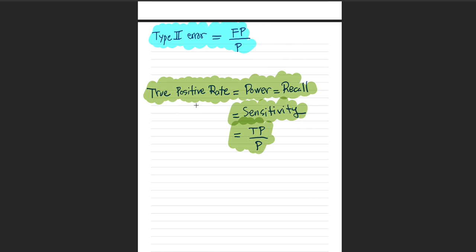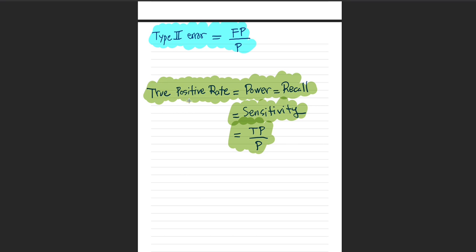And then we have true positive rate, which is also known as power or recall or sensitivity, which is the true number of positives, which means that among those that were predicted positive, how many of them were truly positive.